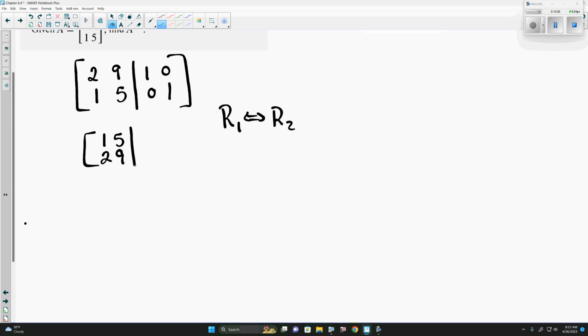This is now 2, 9. We comfortable with this here? Yes. But anything that I do to the left-hand side, I have to also do to the right-hand side. So since I switched rows 1 and 2, I had to switch rows 1 and 2.